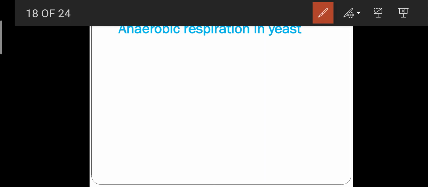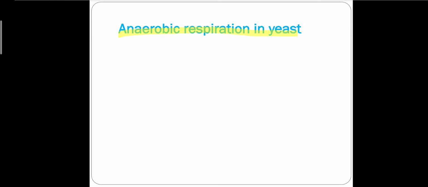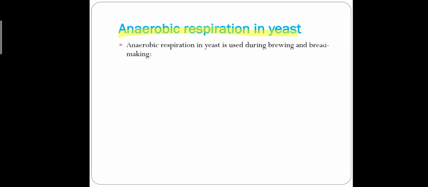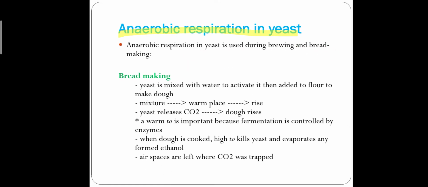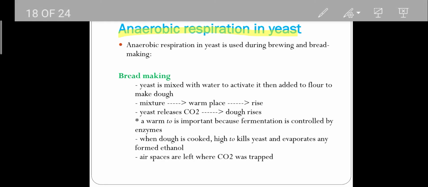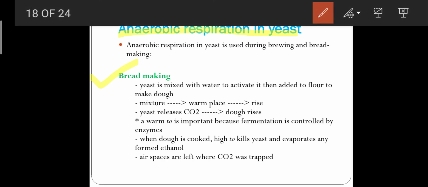Now we will talk about anaerobic respiration in yeast. It is used during brewing and bread making. In bread making, yeast is first mixed with water to activate it, and then added to flour to make the dough.